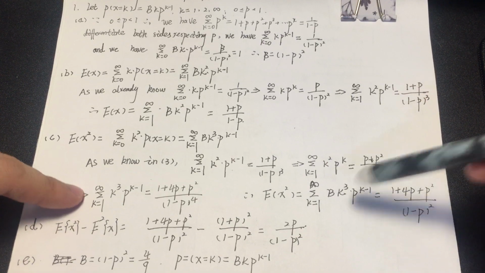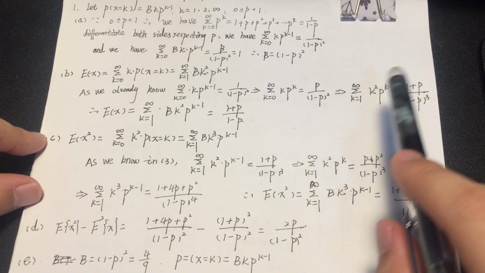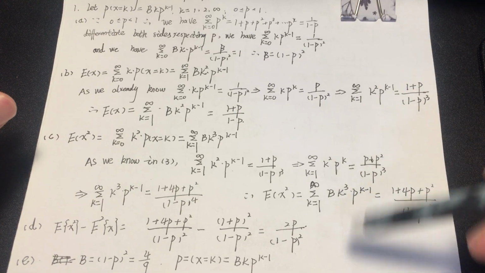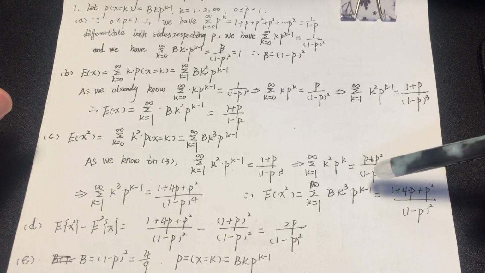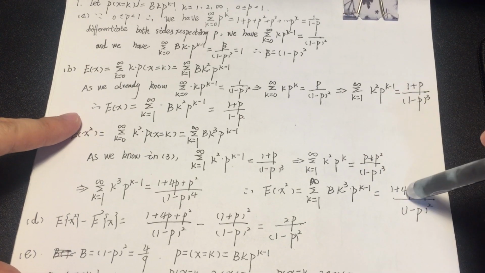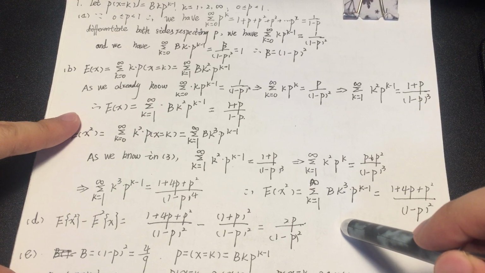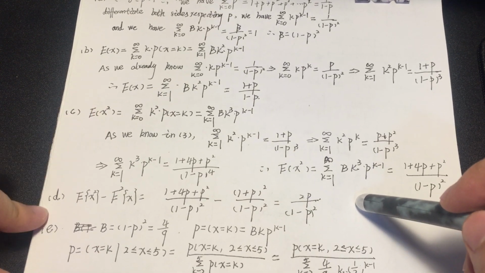So this time we multiply p on both sides and differentiate it the third time. So we can calculate the expectation of x squared.